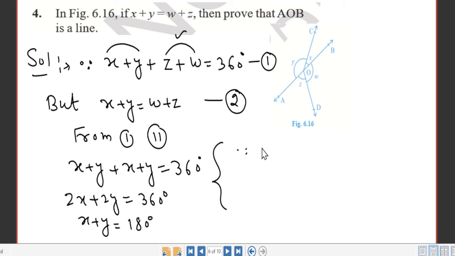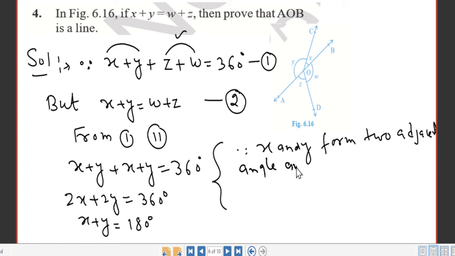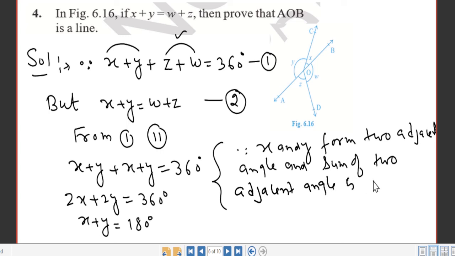Since x and y form two adjacent angles and the sum of two adjacent angles is 180 degree, therefore this is a theorem.